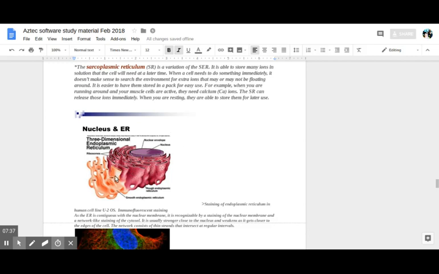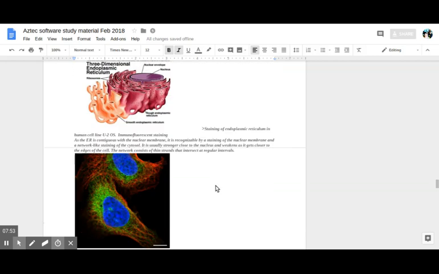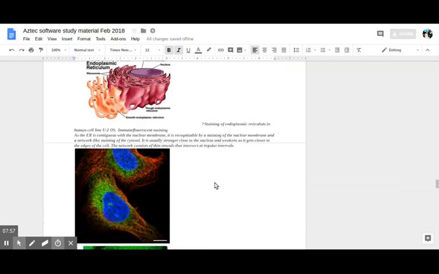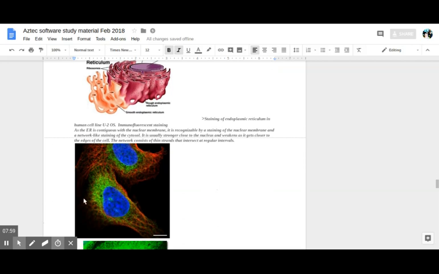We have a diagram here showing the three-dimensional endoplasmic reticulum, the rough and the smooth, that start out from the nucleus outward. Staining of endoplasmic reticulum in human cell lines. Immunofluorescence staining is shown here.